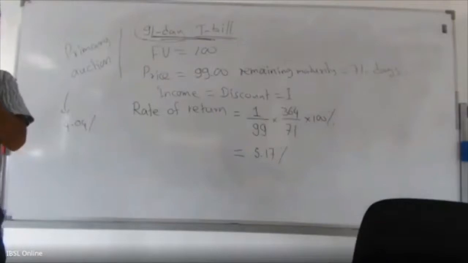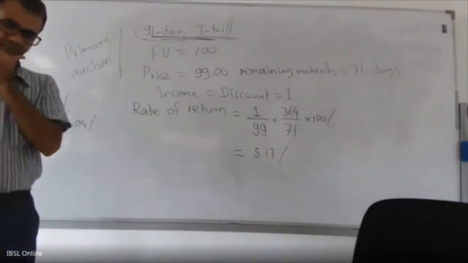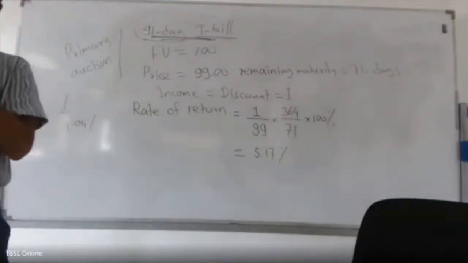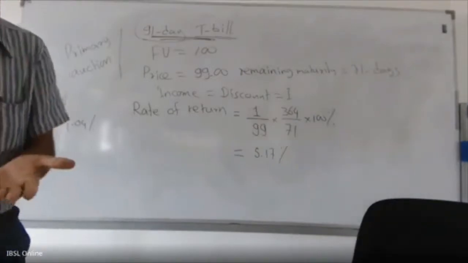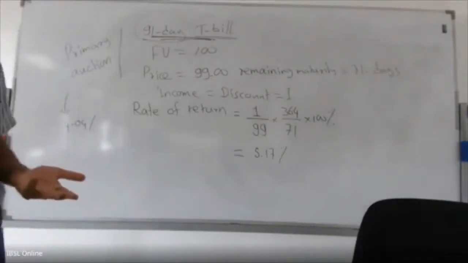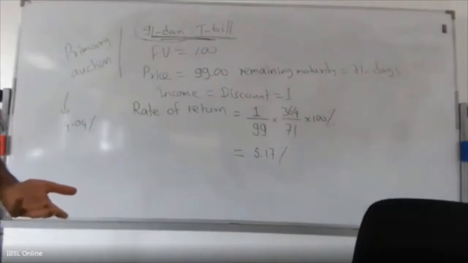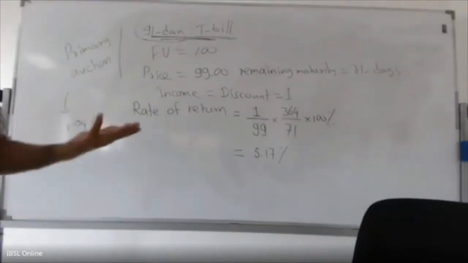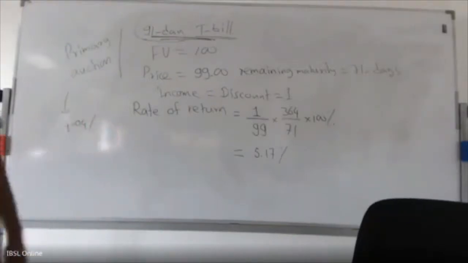Which one would you select? Definitely you go for the 1,000 rupees investment, because it gives you a 1%, sorry, 0.1% return. In the other one, it will be a much lesser rate of return. So don't compare absolute values.